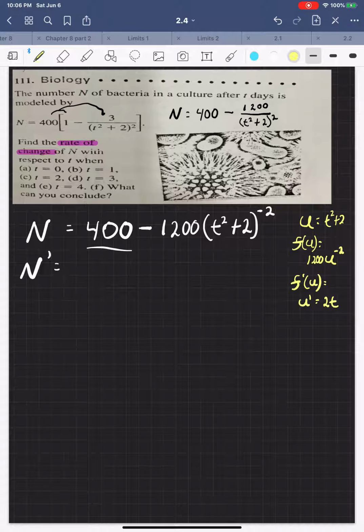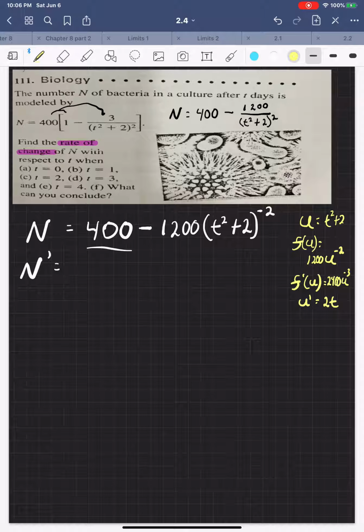oh, well, what do we got? We got 2400 negative, let's see here. Yeah, it's going to end up being a positive because we have a negative in front of that. I've written it this way, so let me just tackle it this way. So this would be 2400 times u to the power of negative 3.